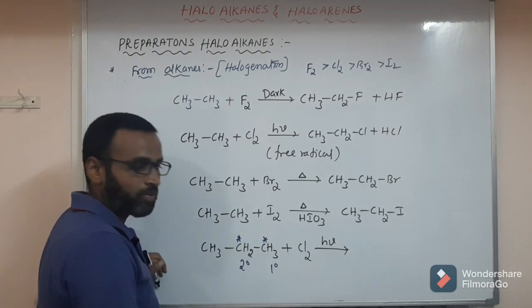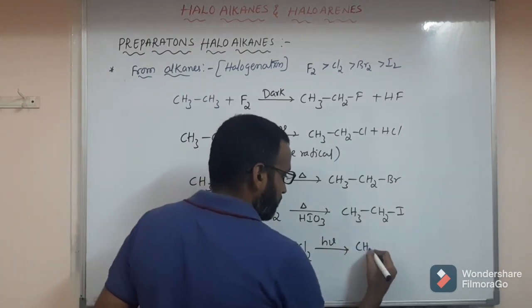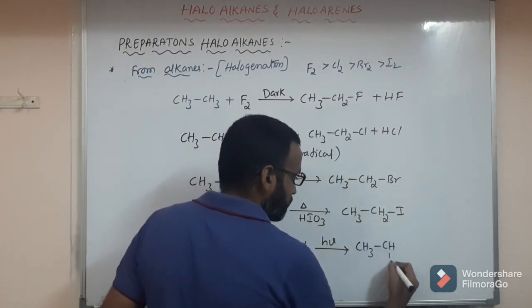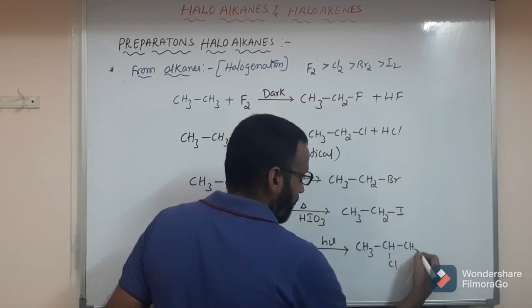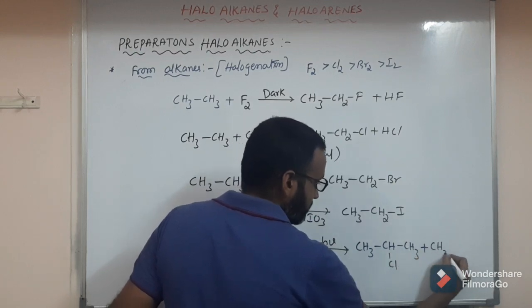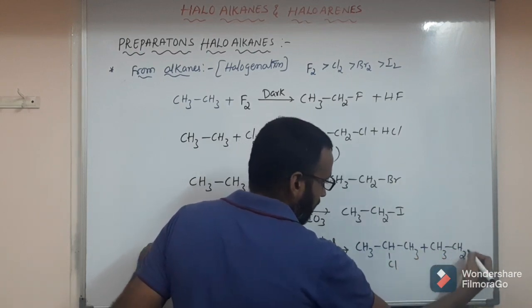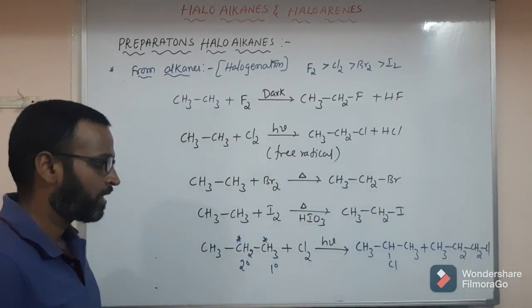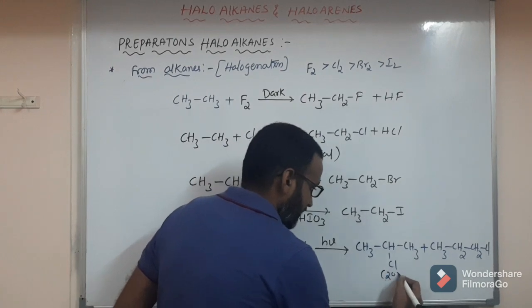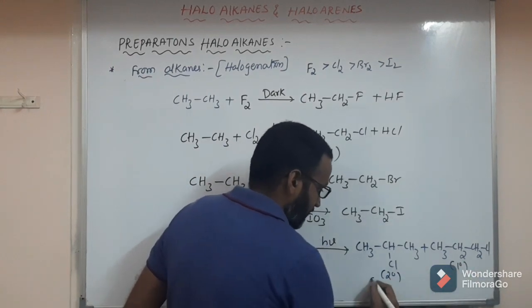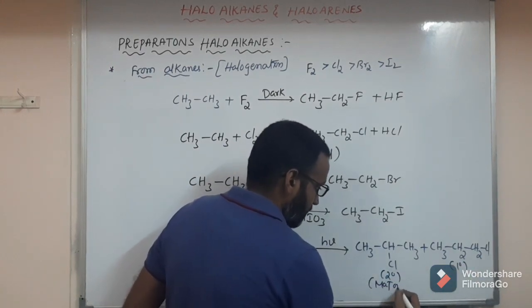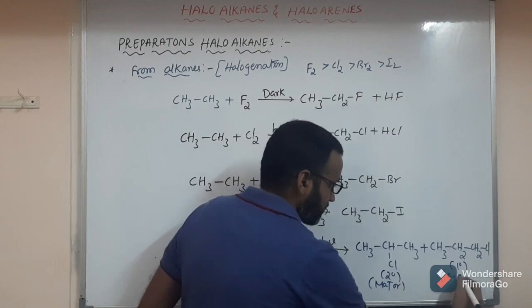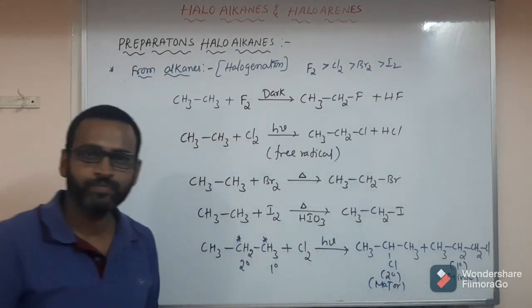The products are CH3CHClCH3 and CH3CH2CH2Cl. This one is secondary and this is primary. This one is the major and this one is the minor product.